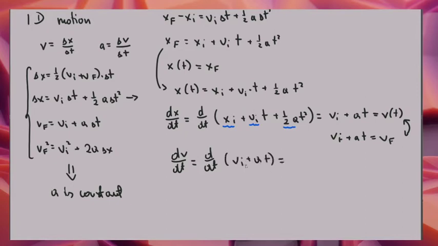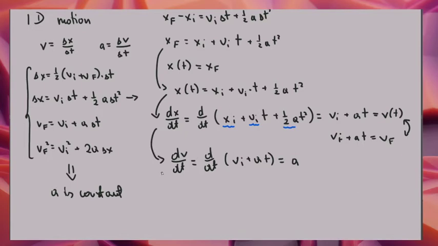What we end up with here, if we take the derivative of this expression, is just a. A is the only thing left. A is a constant. This whole process here, you can take one of these equations, rearrange it such that you determine what is a variable, such as this and the time, and what are the constants, and then you can go from the position function to the velocity function, which is this step, and then from the velocity function to the acceleration function, which is this step.